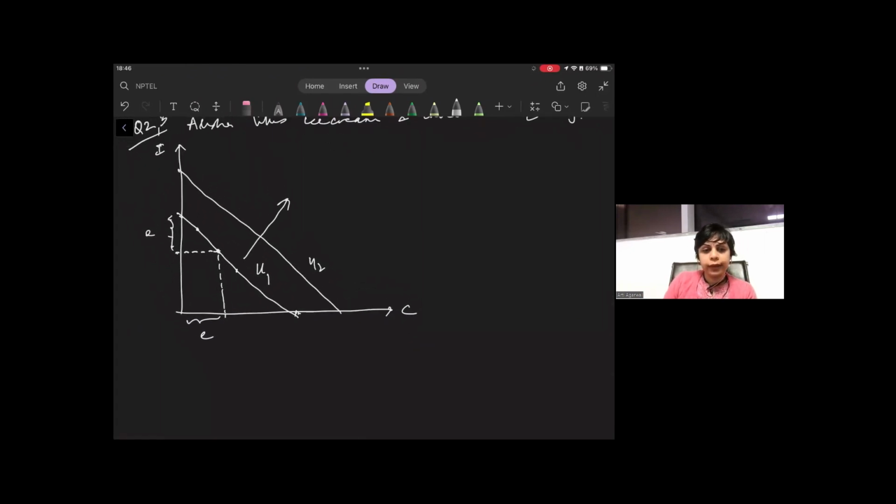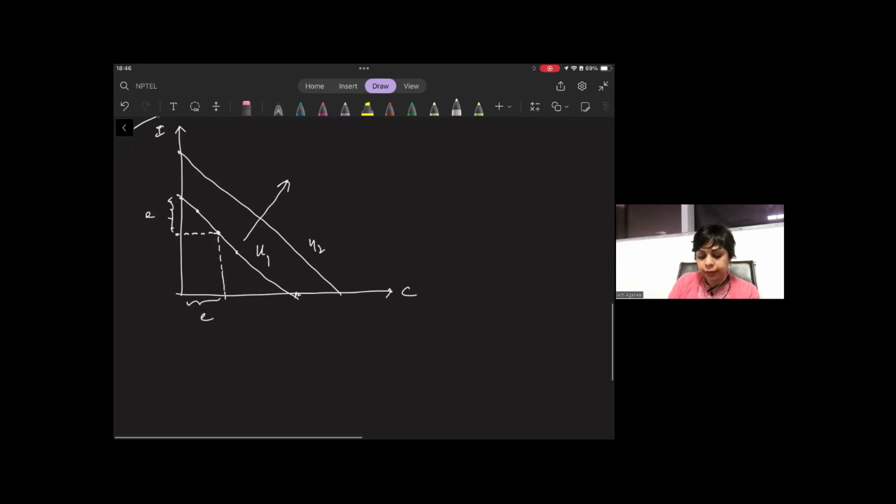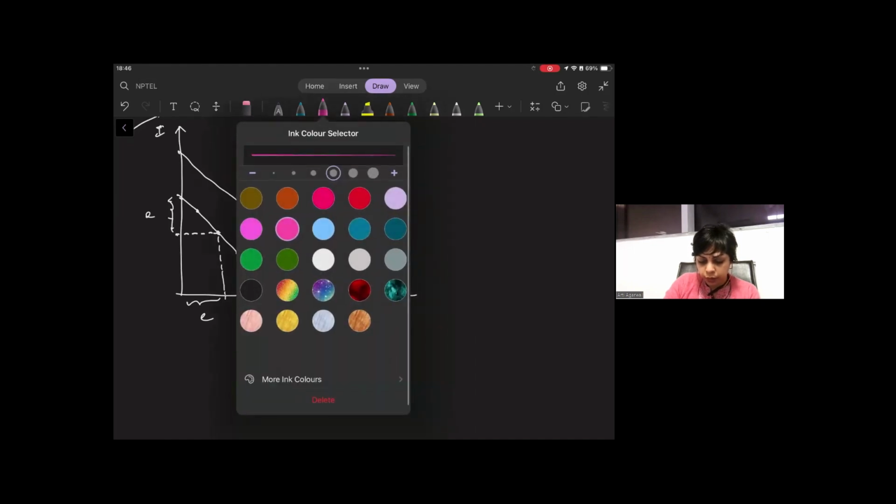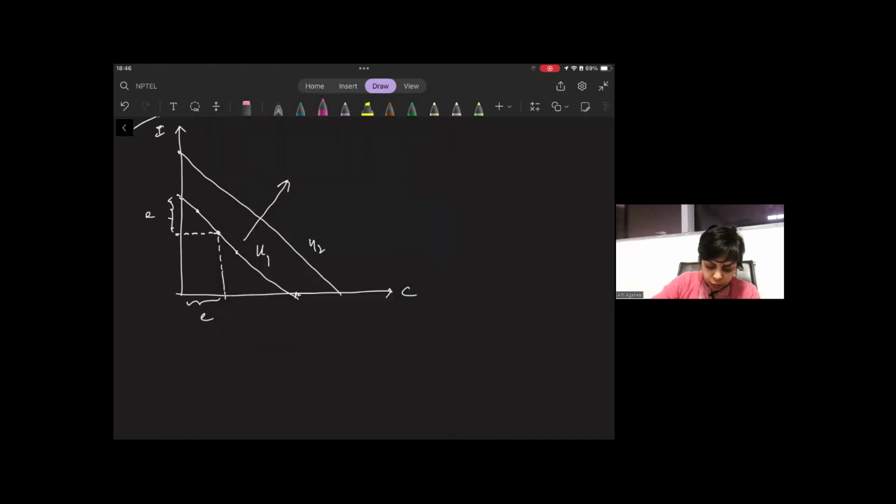Okay, so this is an important aspect, it's a minor point, but in this situation, answer options A and D both are correct, because this is a line, right? This is the equation of a line we are talking about. I'm not sure why you guys are getting confused about that. This is your indifference curve, and this is a line. So what we're looking at is the equation of a line. And when we're talking about a line, it can be considered as convex or concave.